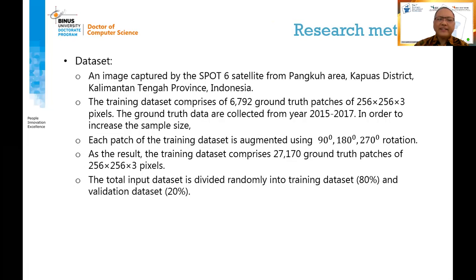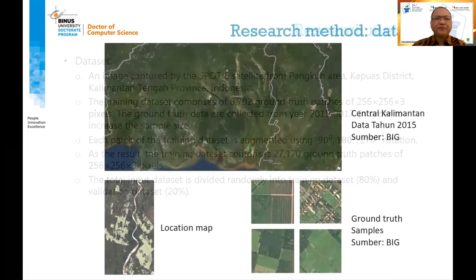And from that data set, we split it into two parts. First of all, 80% of the data set for training, and then 20% for validation, and each of those samples is chosen randomly.